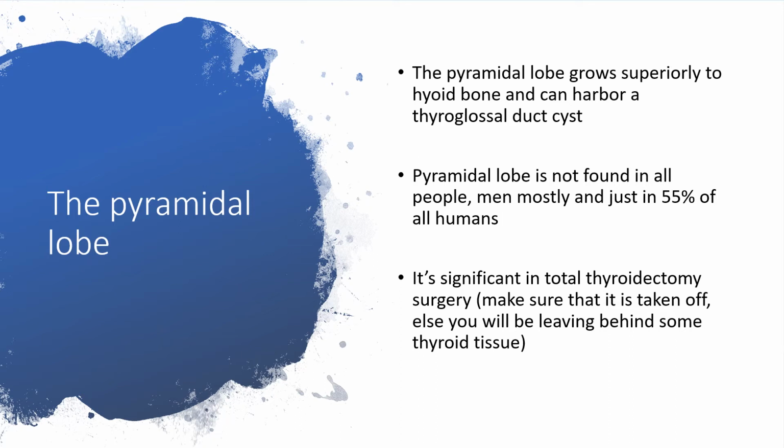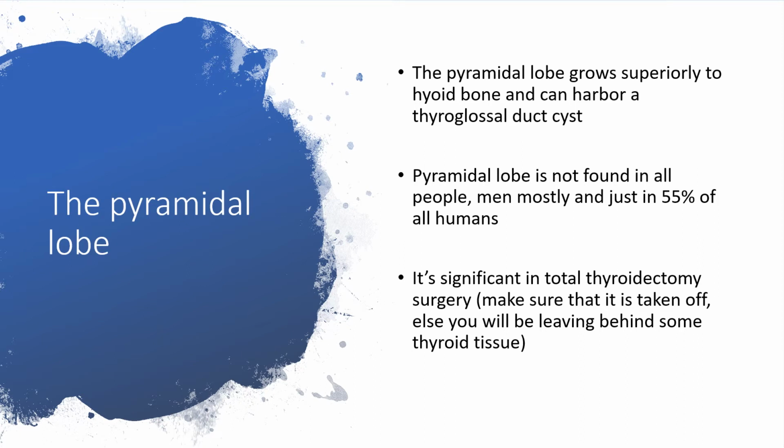The pyramidal lobe is not found in all human beings. Men mostly will have pyramidal lobes, and it's found in just about 55% of all human beings. So it's not in everybody.